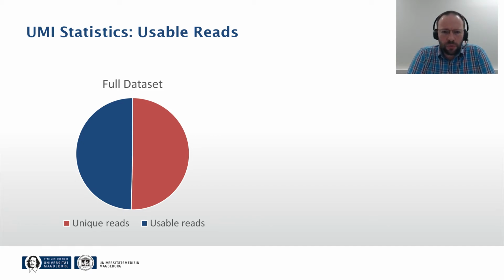First of all, we looked into full data sets, which are the part of the reads we can really use. We have to think about the unique molecular identifier technology, which is necessary to differentiate between true positives and false positives.